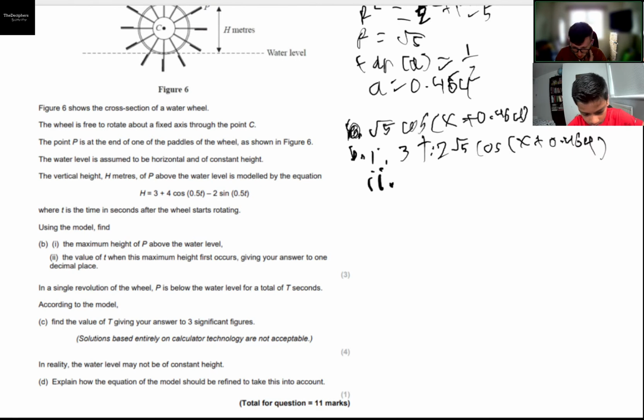So then what's the maximum height? The maximum height is when cos of x plus 0.464 is just 1, so 3 plus 2 root 5.